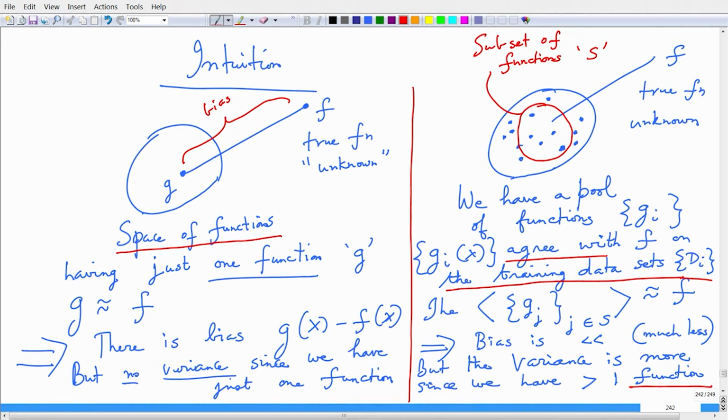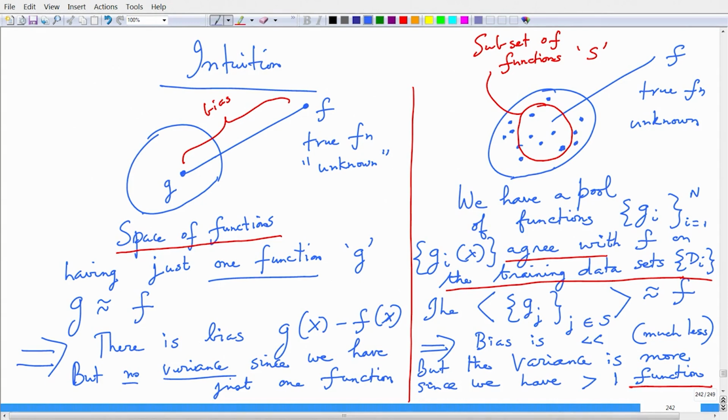Let us extend this carefully to the situation where we have a pool of functions g suffix i. As usual you can imagine that i goes from 1 to capital N, and these g i's agree with f on the training data sets d suffix i, again i going from 1 to N. I do not have space here, but it follows straightforwardly.